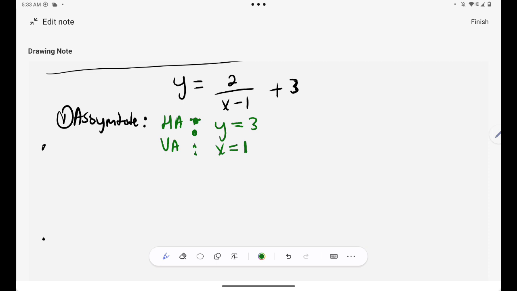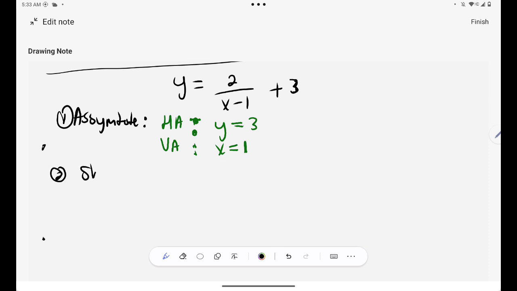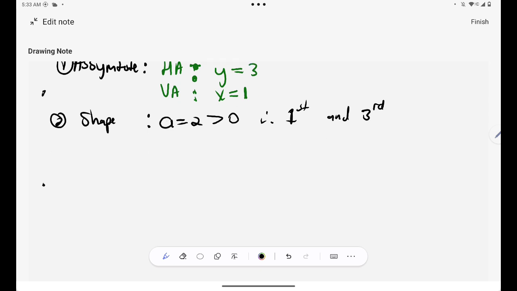Are we together? And then number 2, shape of the graph. a is equal to 2, and 2 is a number which is greater than 0. So therefore my graph will be on the first and third quadrant of my asymptotes.